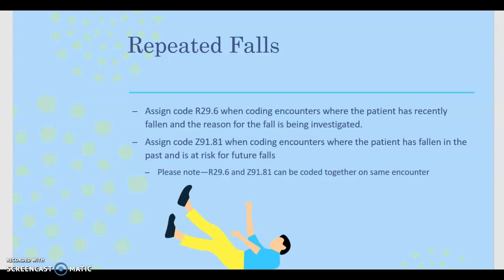So you can use these two codes together. We could have a patient that recently fell and has a history of falling, and we would code them both together on the same encounter. And then if they figured out the reason for the fall, we would want to code that as well.